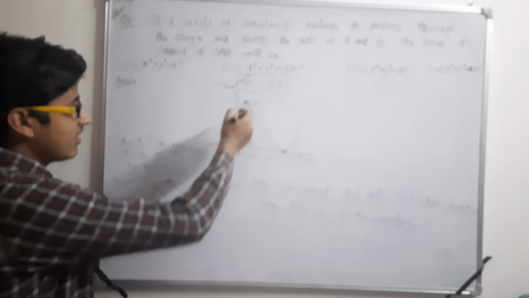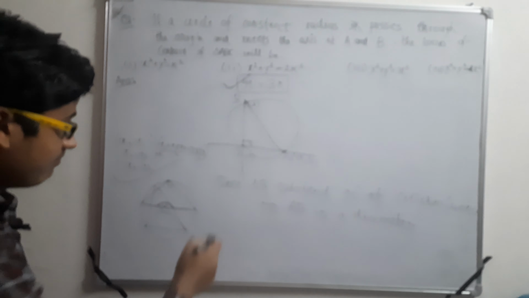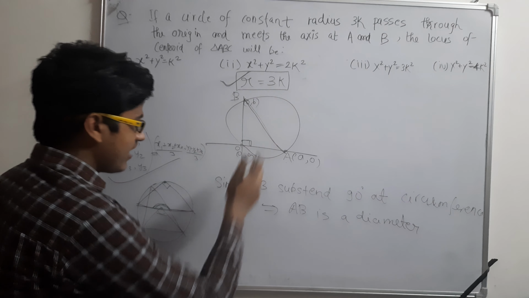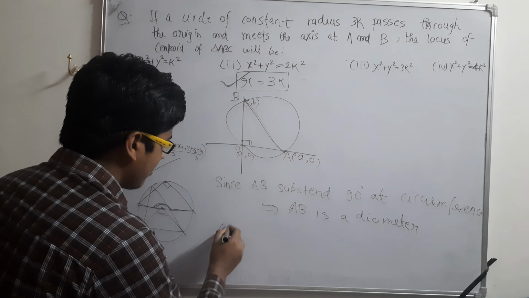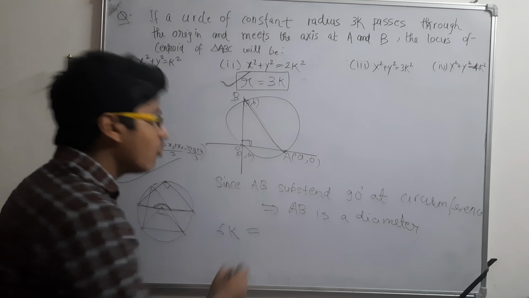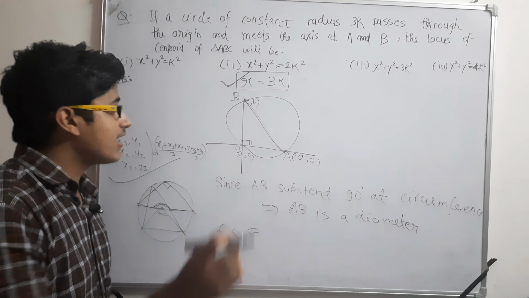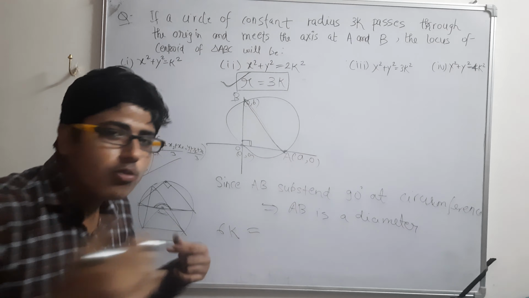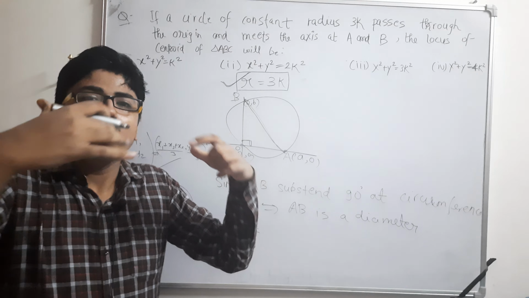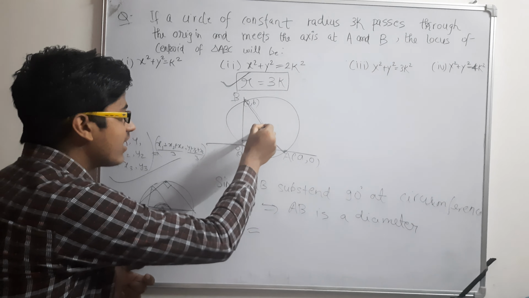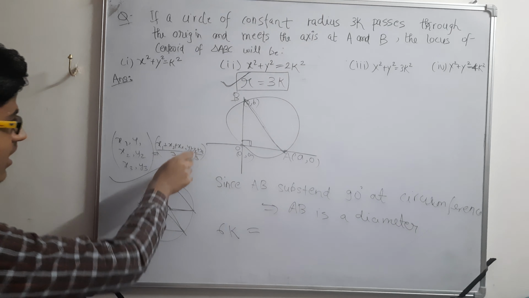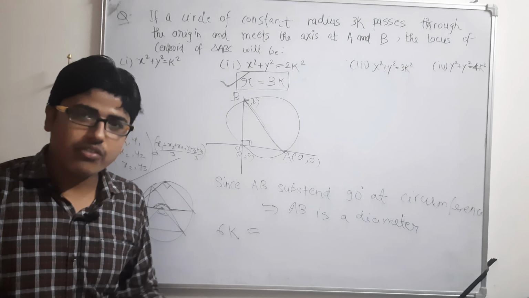The use is this: if AB is the diameter, its length must be 6k, because the diameter is double the radius. Also its length can be determined in terms of a and b. What do we want in the end?